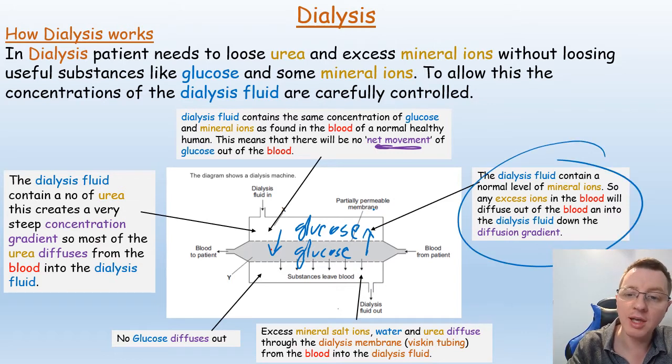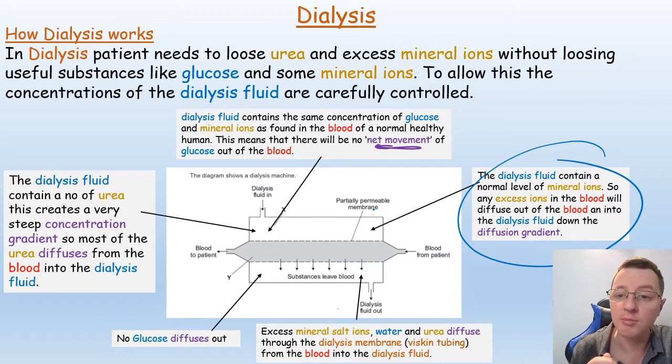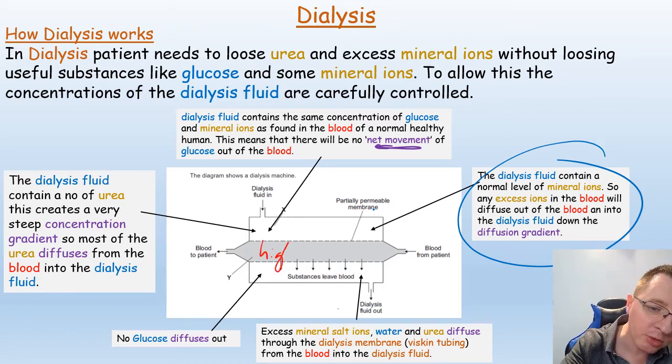The dialysis fluid also contains normal levels of mineral ions. Due to a build-up of salts in the blood, there will actually be quite a high concentration of mineral ions in the blood, but just a normal concentration of mineral ions in the dialysis fluid.